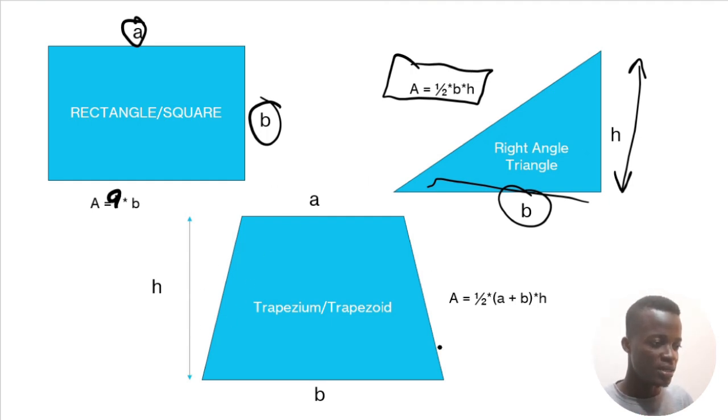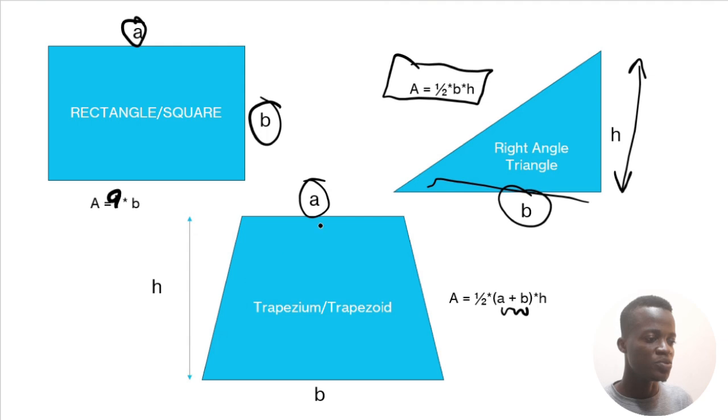Then we have the trapezium, or trapezoid as it is called by some people. It looks like a triangle or a rectangle, but we have parallel sides. We are interested in the parallel sides, which we sum: A plus B, this side plus this side, multiplied by the height.